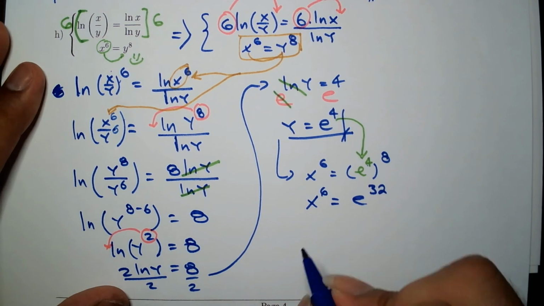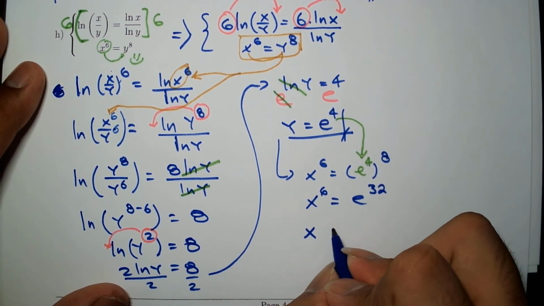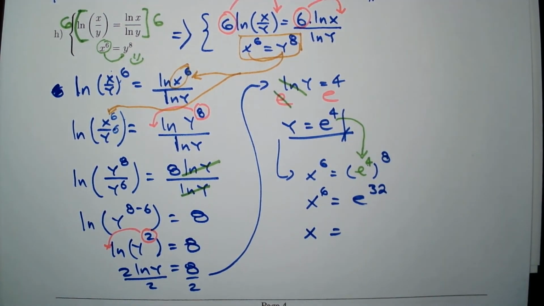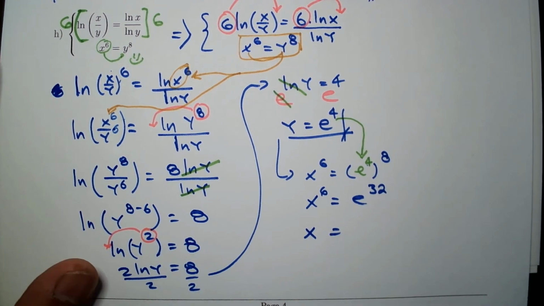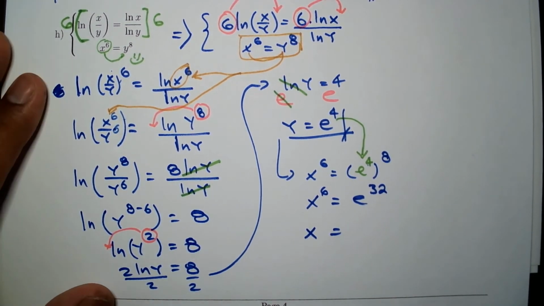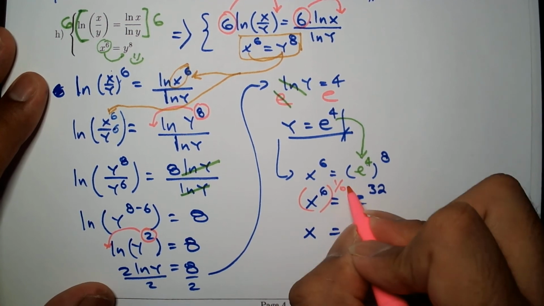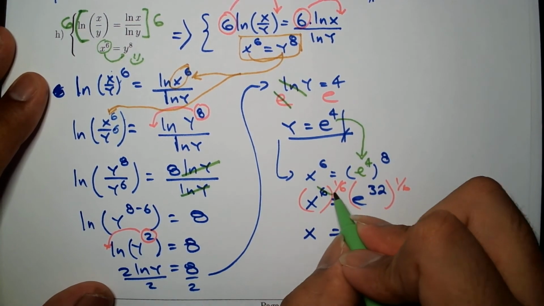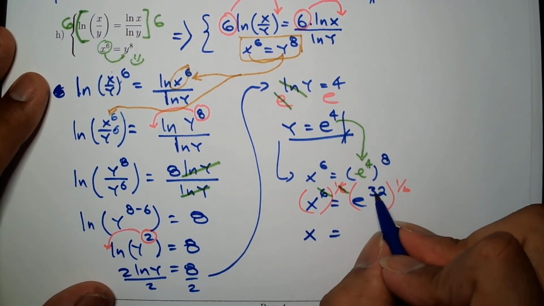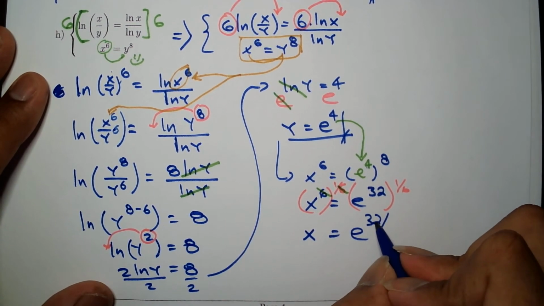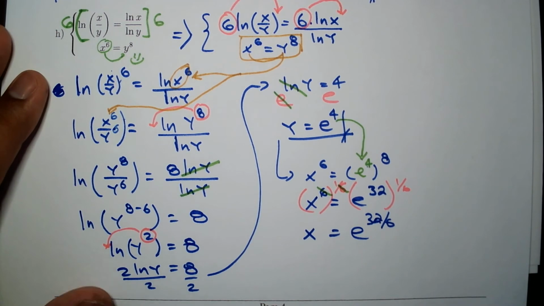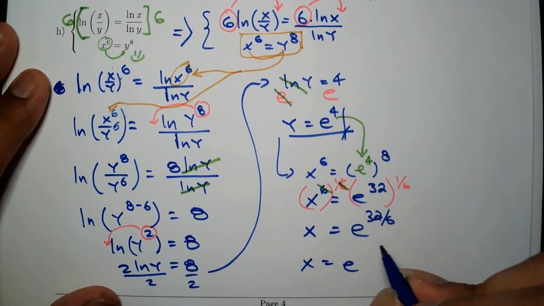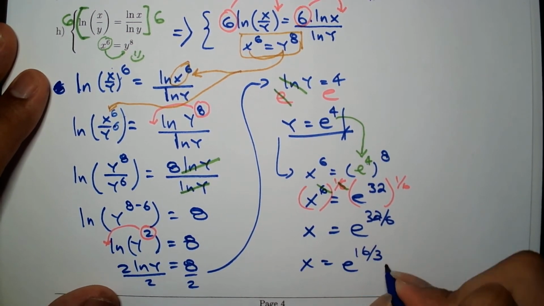To get rid of this 6th power, there are two ways: either raise both sides to the 1/6 or take the 6th root. I'm going to raise to the 1/6. Cancel, cancel. x equals e to the 32 over 6, and 32 divided by 6 reduces to e to the 16 over 3.